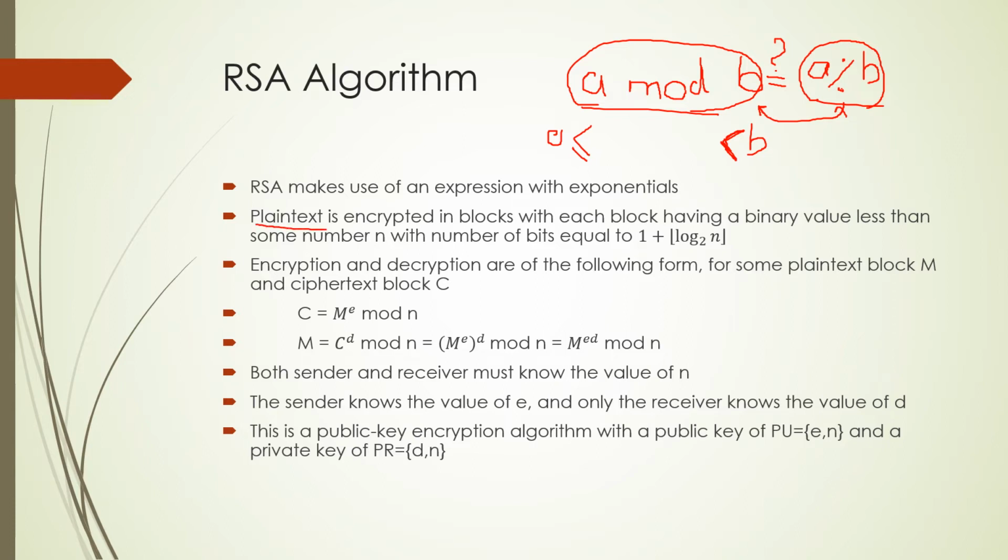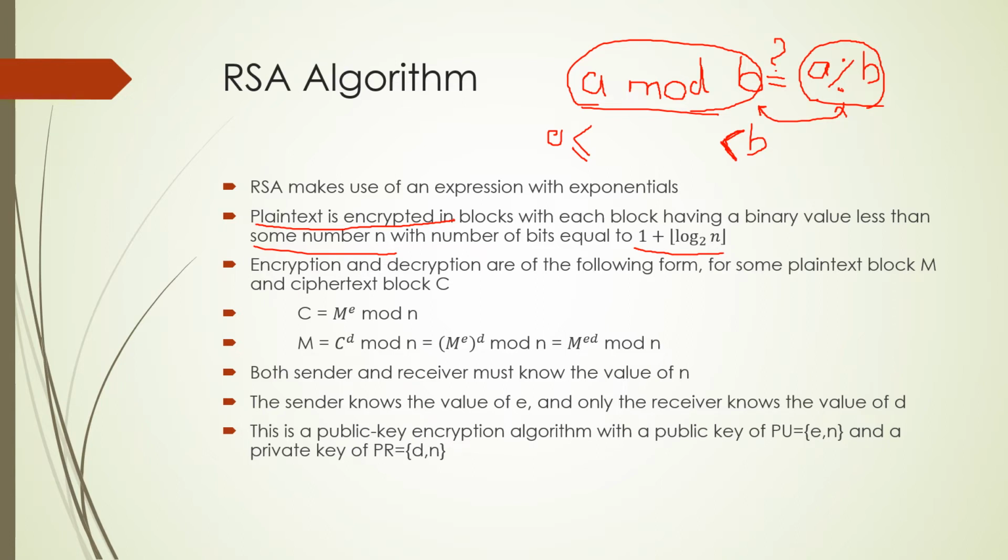A plain text is encrypted in blocks. So if a plain text is very long, we need to break it into blocks, right? Each block has a binary value less than some number n, where, as I told you before, n is a semi-prime number, and the number of bits in that block should be equal to 1 plus floor of log n base 2.